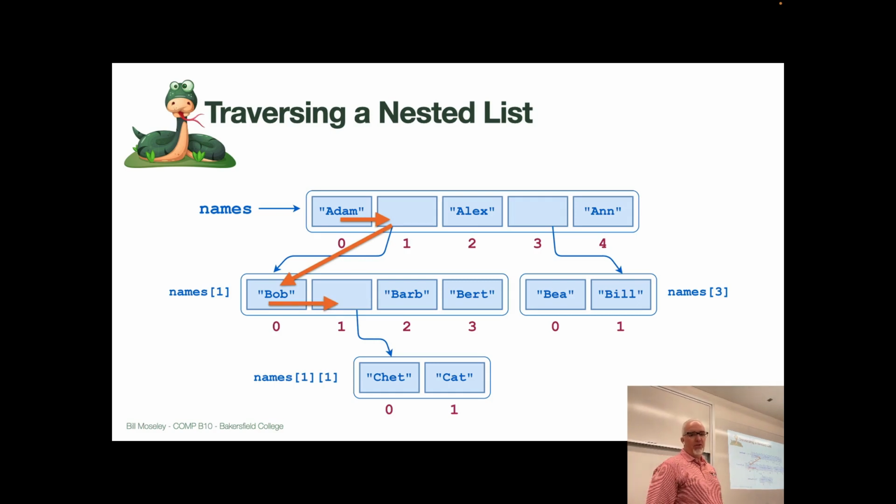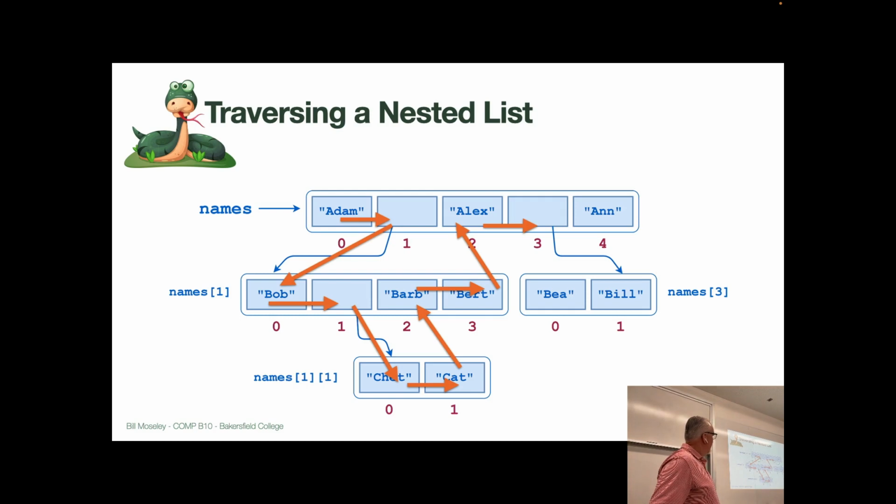Then it will traverse to the B list slot 1 or index 1. It encounters another list there. So every time it encounters a sublist, it's going to follow that link down. Then it will complete that sublist before returning to the B list in index 2. And then when it completes that list, it returns to the next element of the first list.